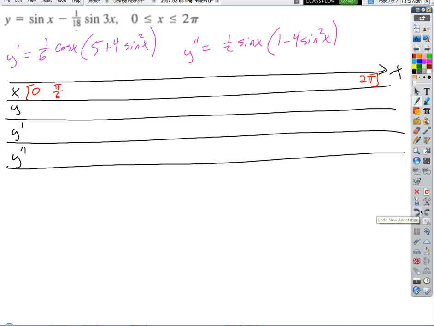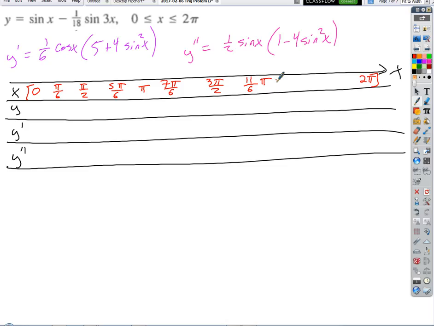We're still good. Don't worry, guys. Pi over 2, 5/6 pi, pi, 7/6 pi, 3/2 pi, 11/6 pi, right? I should have probably spread those out a little bit, but oh well.